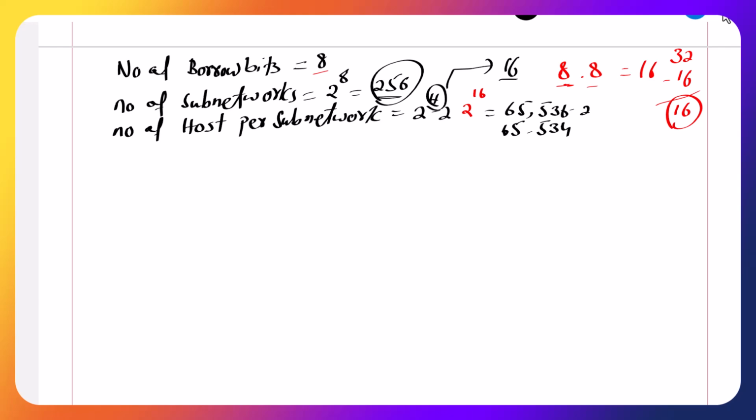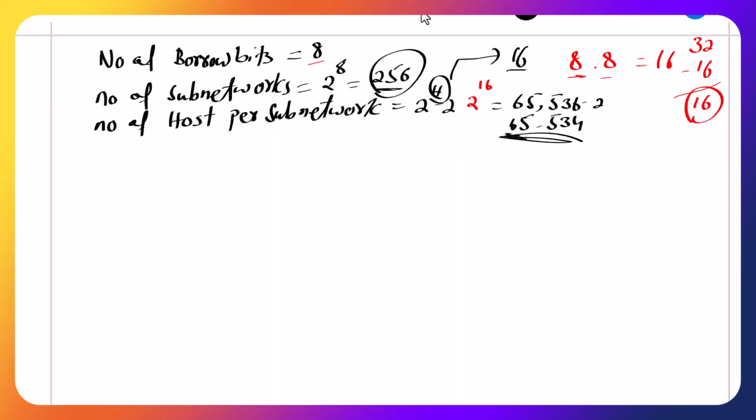In each of the 256 subnetworks I will have 65,534 valid hosts. Do you remember, by default, according to the classful approach, the number was 16,777,000. But now it has decreased to 65,000. It means we decreased the number of host bits.